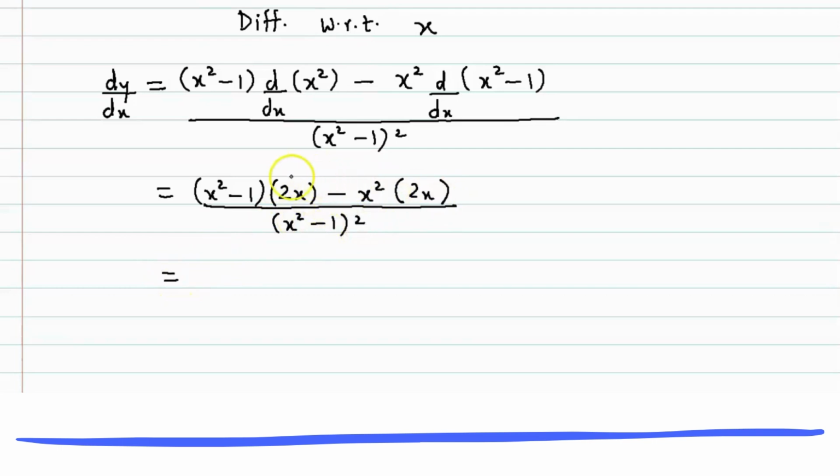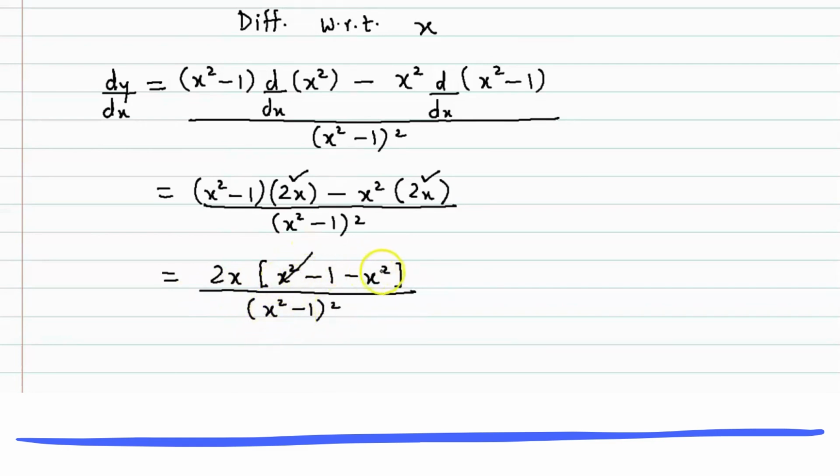Now in the numerator 2x could be taken out as the common factor. So if we take 2x as the common factor, within brackets we have x square minus 1 and minus x square, the whole thing divided by x square minus 1 the whole square.